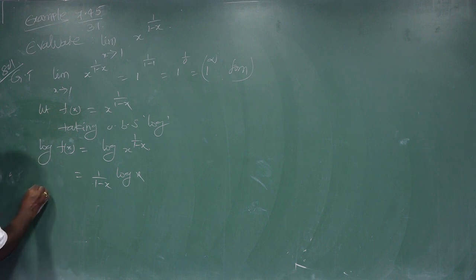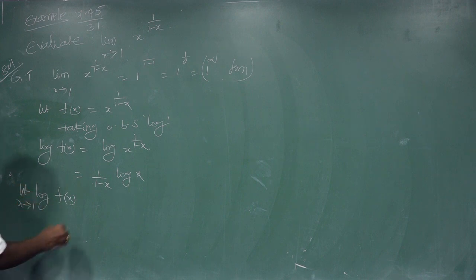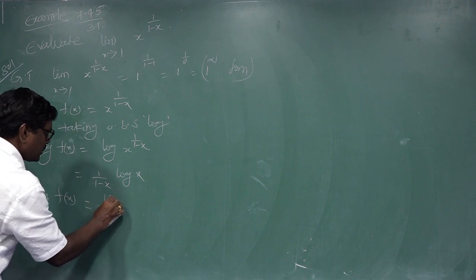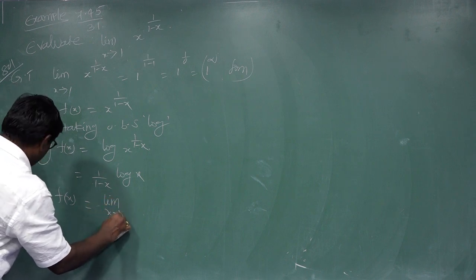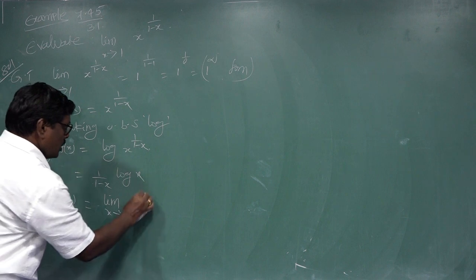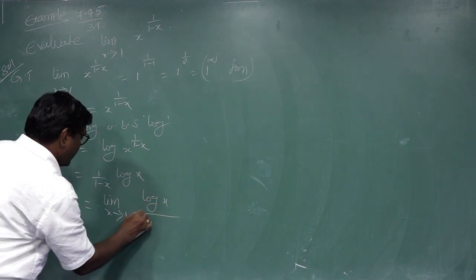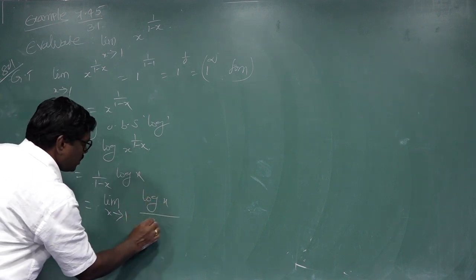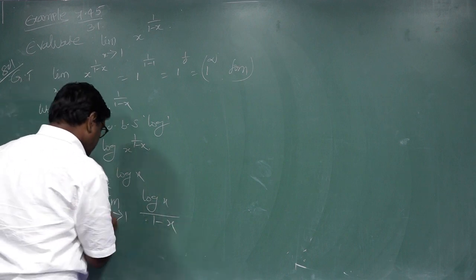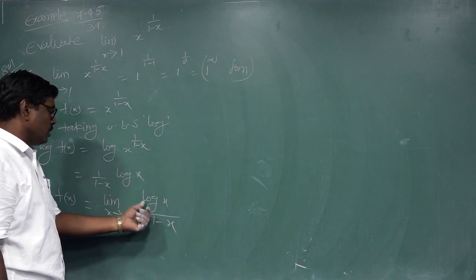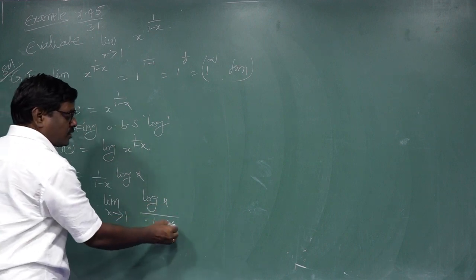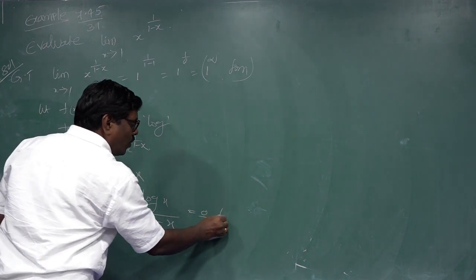So the limit as x tends to 1 of log of f of x equals the limit as x tends to 1 of log x by 1 minus x. Applying the limit directly, log 1 is 0 and 1 minus 1 is 0, so it is 0 by 0 form.